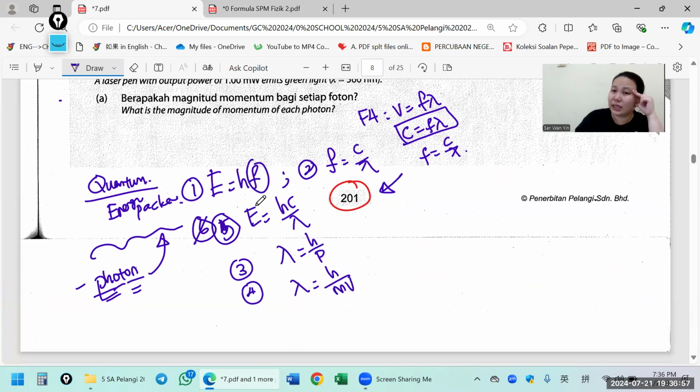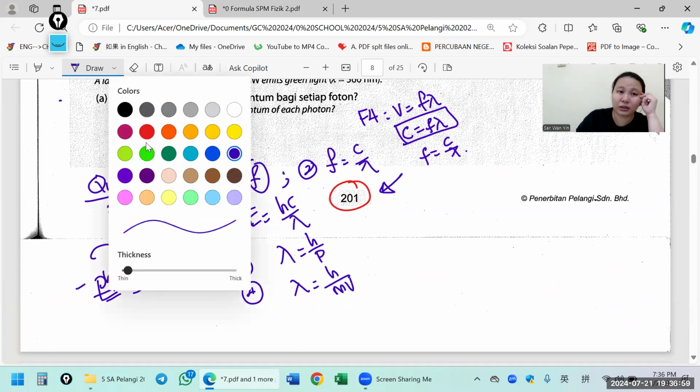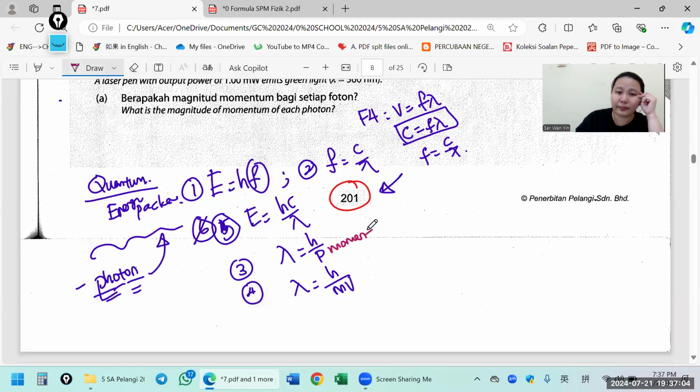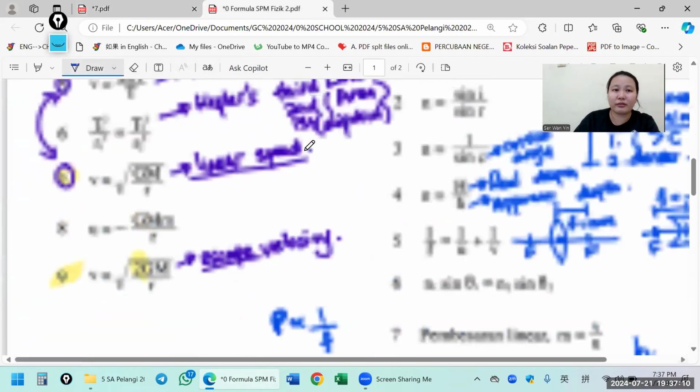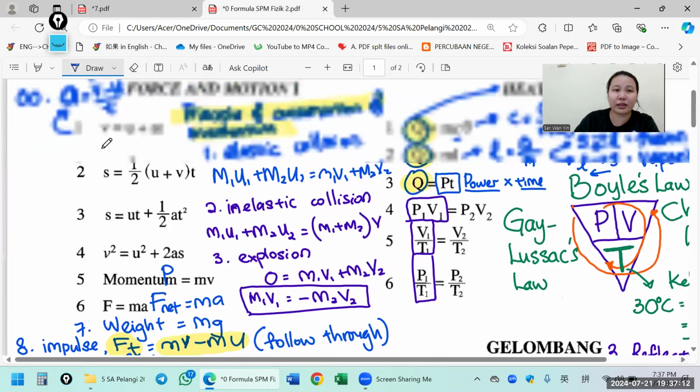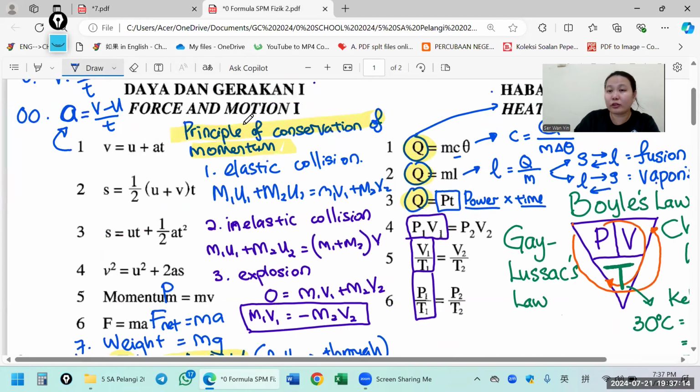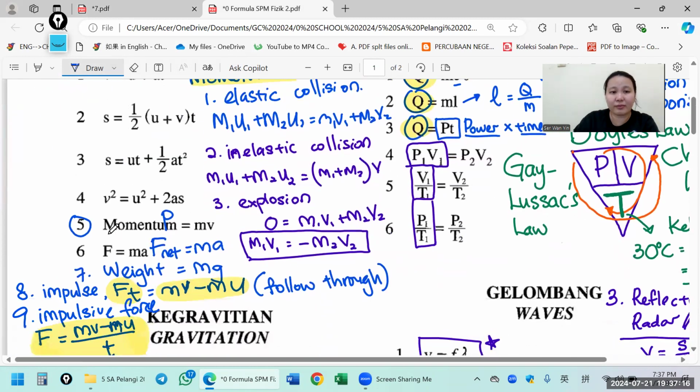So actually, what is the p here? P here means momentum. So yes, it's our Form 4 momentum. Form 4, Force and Motion 1, number 5. Momentum equals mv.